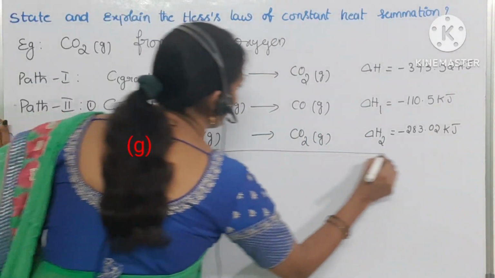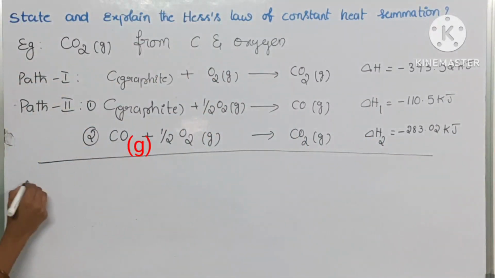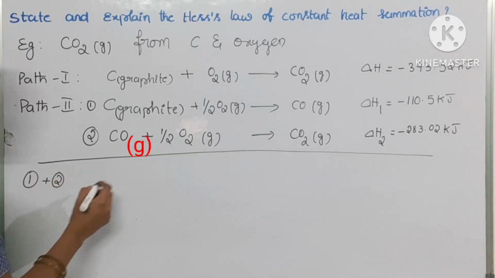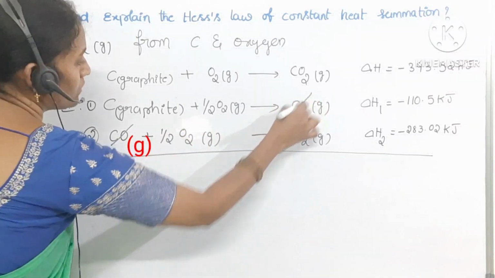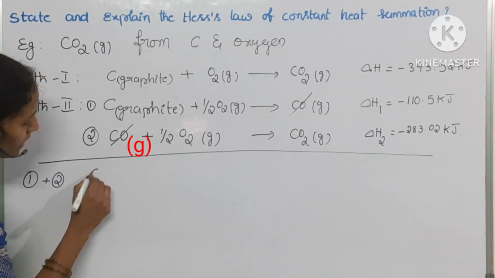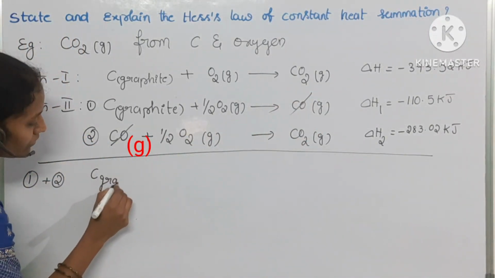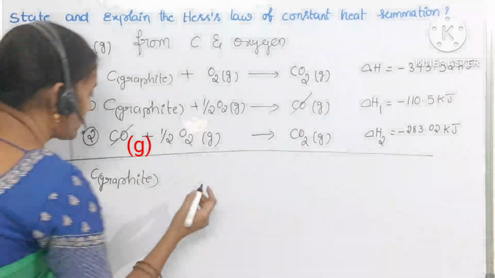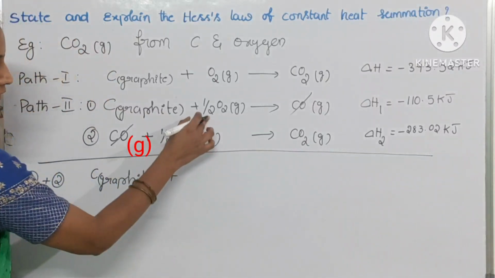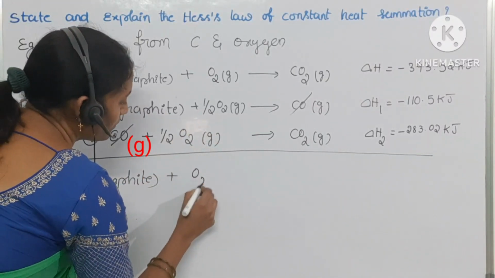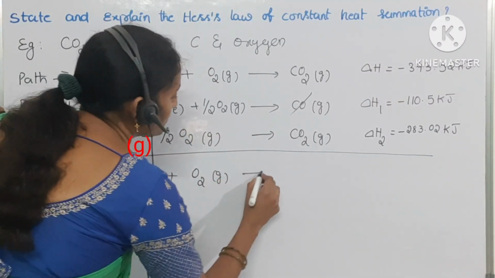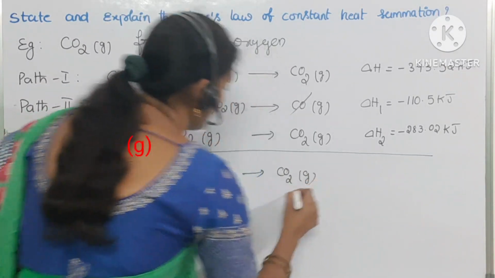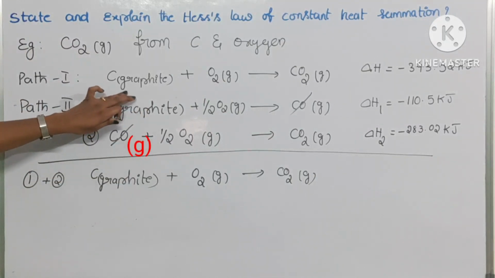Next, you can add reactions 1 and 2 in path 2. The CO and CO cancel out with each other. The remaining is carbon in the form of graphite plus oxygen gas giving CO2 gas. See, this reaction is equal to path 1's reaction.